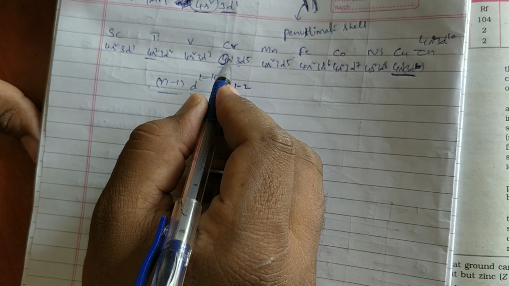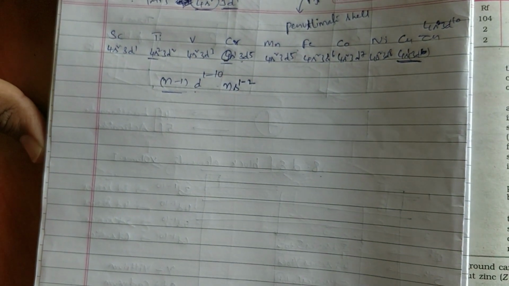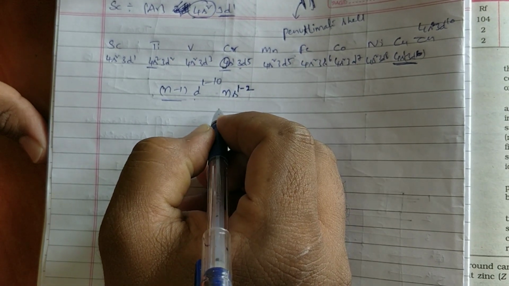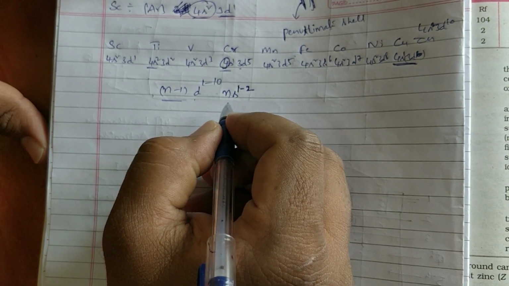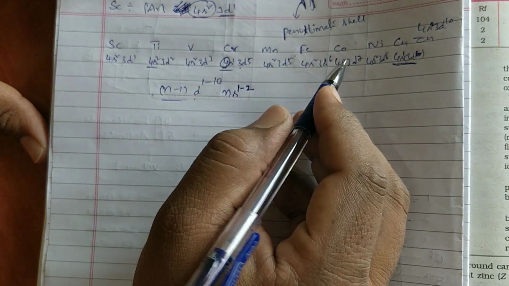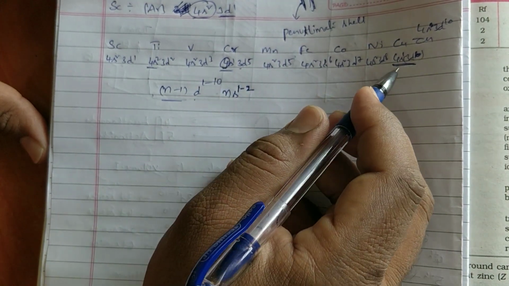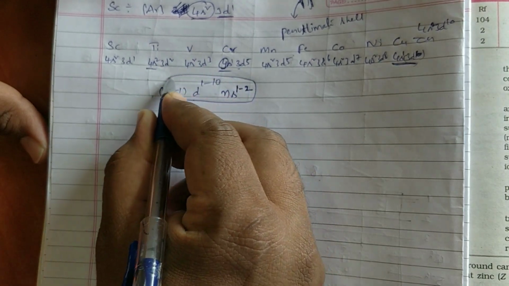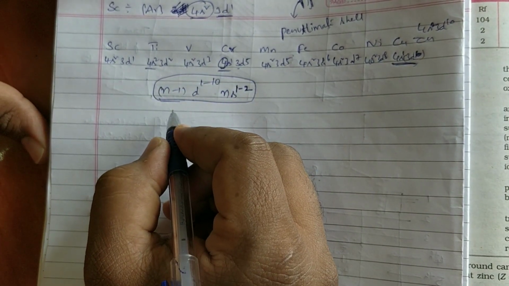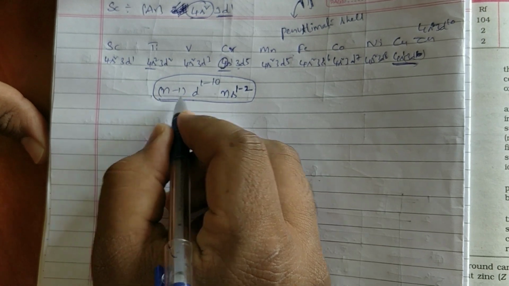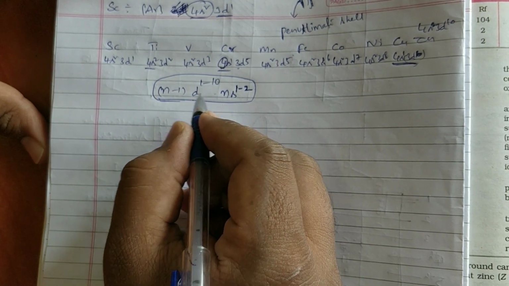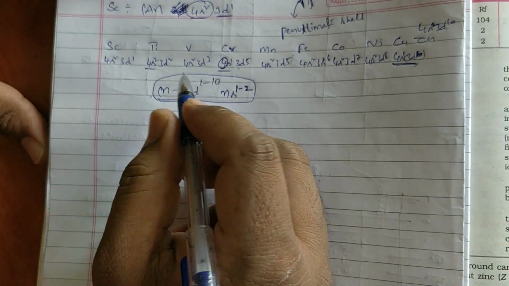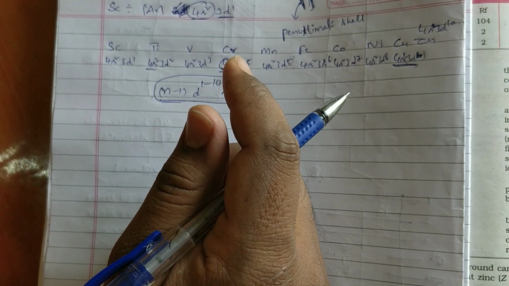Otherwise we would have to write just ns2. So this is the general electronic configuration of the d block. If you get 3 here, you will get 4 here; if you get 4 here, you will get 5 here. Like that we can write the configuration generally and easily.